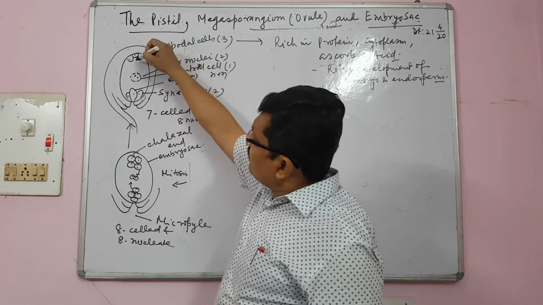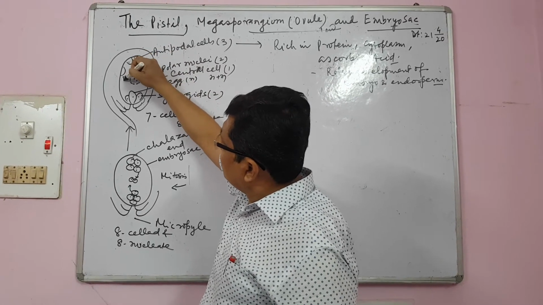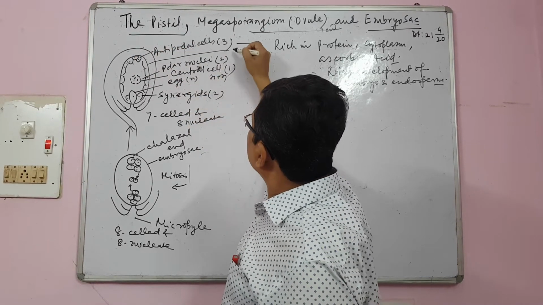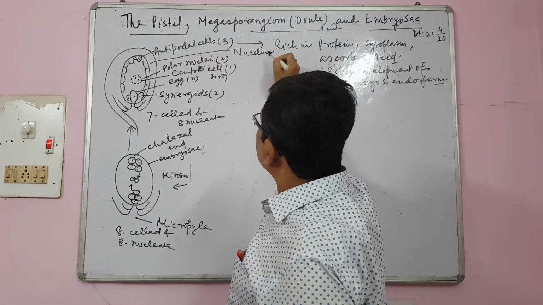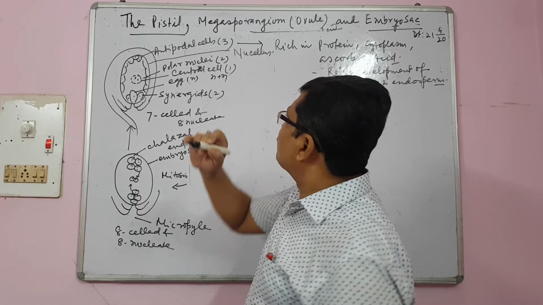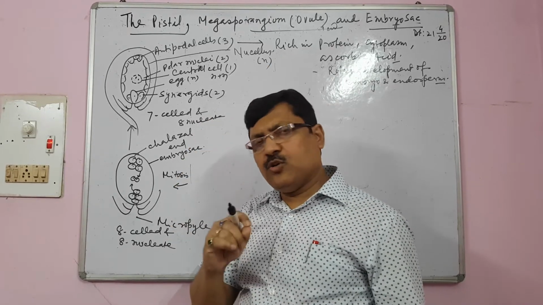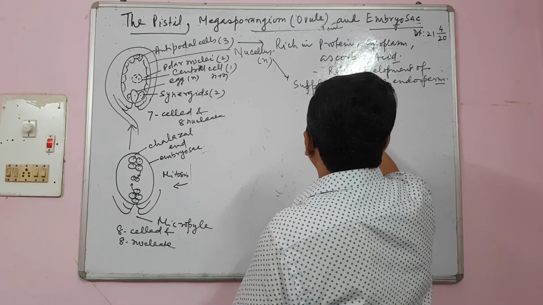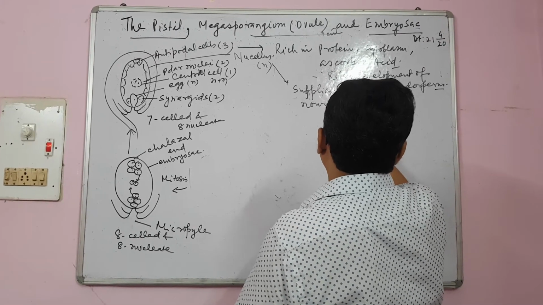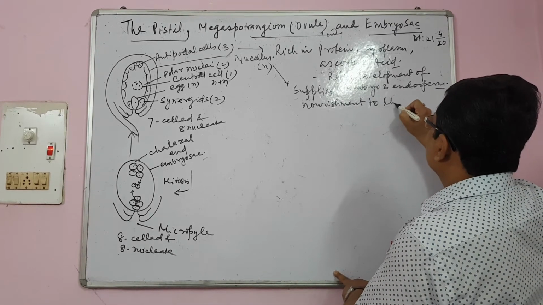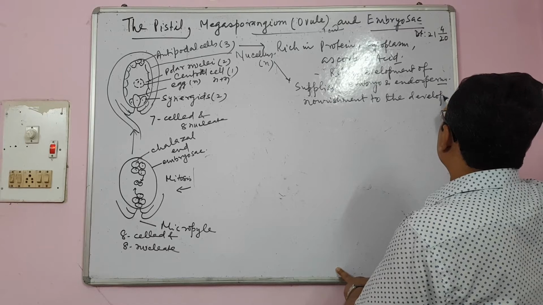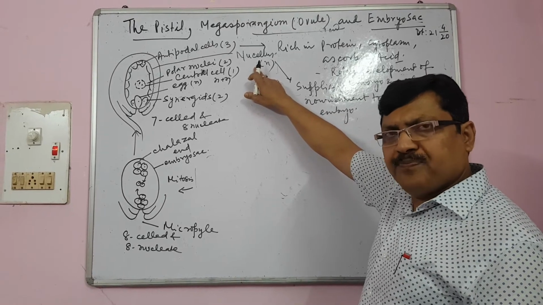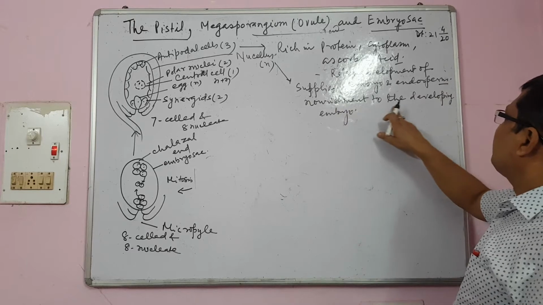Now, within the embryo sac, nucellus tissue is present, which is also haploid, and this nucellus supplies nourishment to the developing embryo.